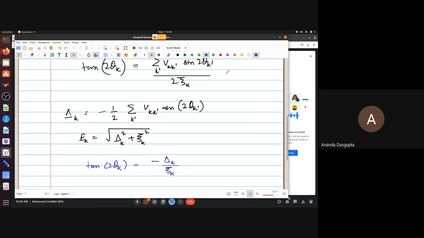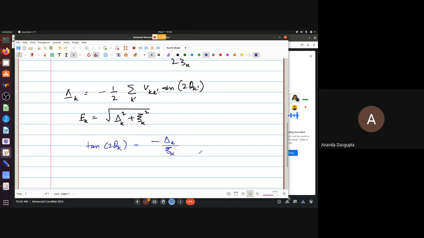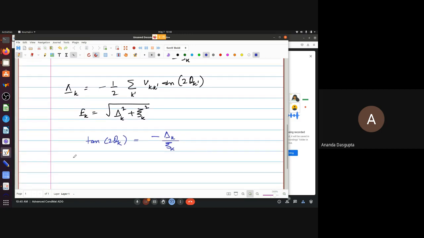That's trivial. I've just divided this by. And then a bit of trigonometry, a very trivial bit, essentially tells you the sine 2 theta k, which you can find out of tan. You just square and add 1 to it, you get the sec square, and then divide tan by sec, you get the sine.